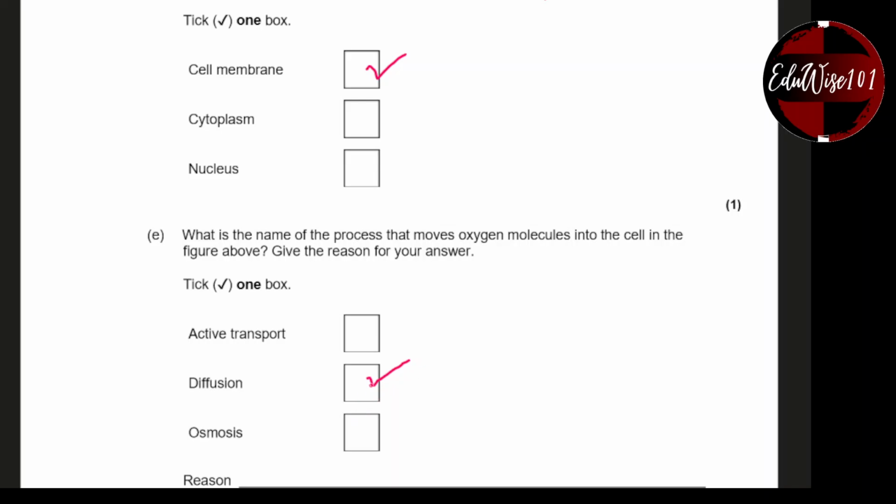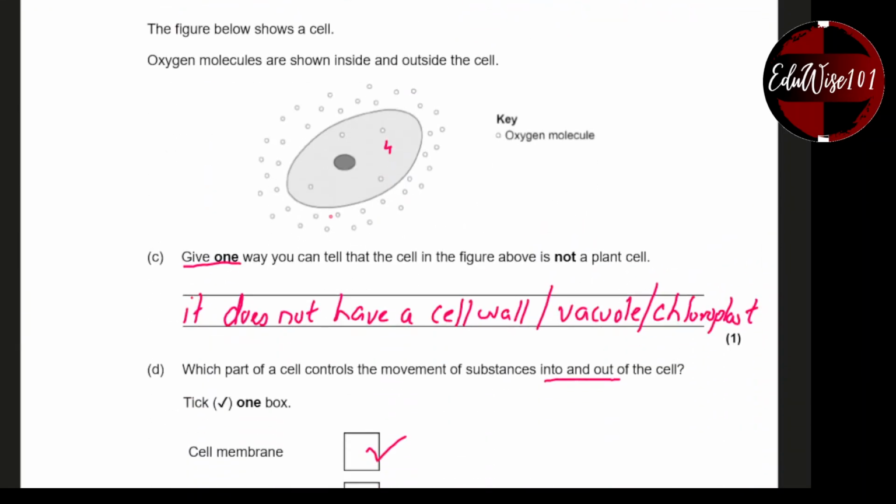Reason, it's going through a semi-permeable membrane or partially permeable membrane, and it's going from high concentration. So oxygen is going into the cell. That's high concentration outside the cell, and there's low concentration inside the cell.